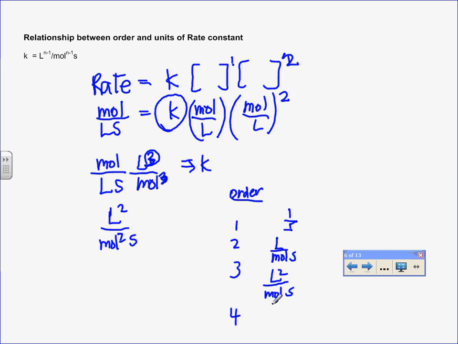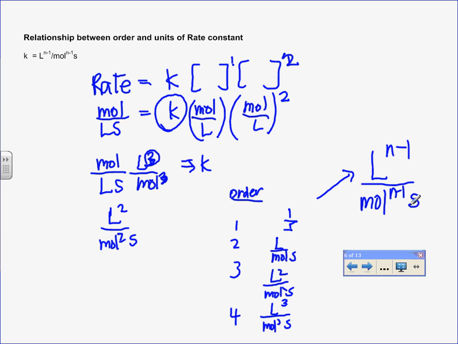For a fourth order reaction, liters cubed per mole cubed per second. So if you can see the pattern here, in general, the units for the rate constant are liters to the n minus 1 over mole to the n minus 1 per second, where n is equal to the overall order of the reaction.